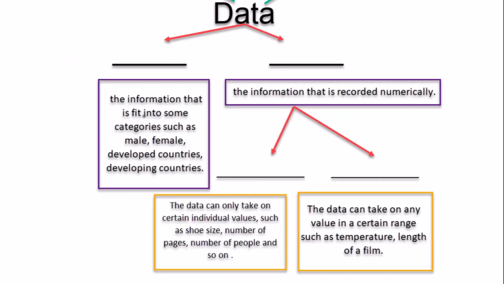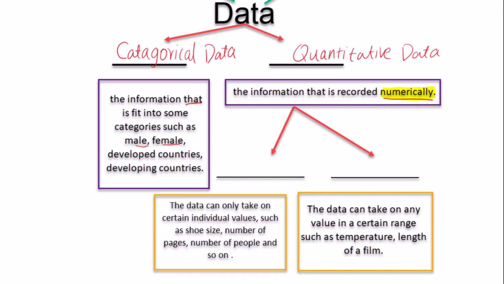We also have this kind of data. The information that is fit into some categories such as male, female, developed countries, developing countries. We call this kind of data categorical data. The information that is recorded numerically is called quantitative data.